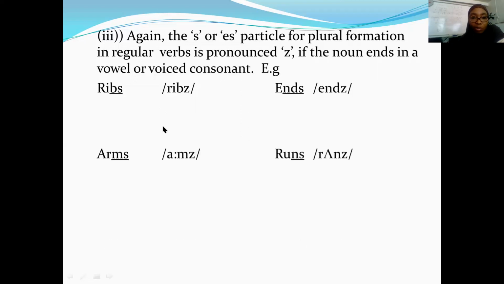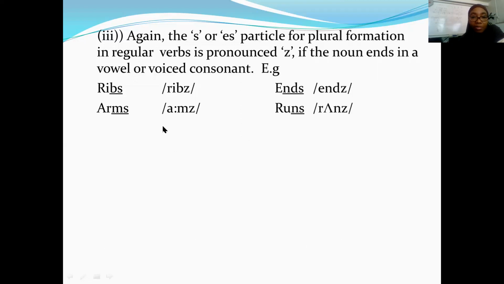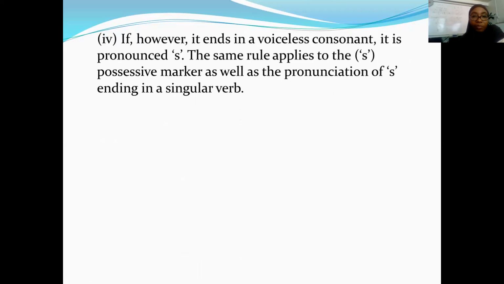More examples, you have arms, runs, dogs, hopes. Now another rule: if your word ends in a voiceless consonant, it is pronounced s.